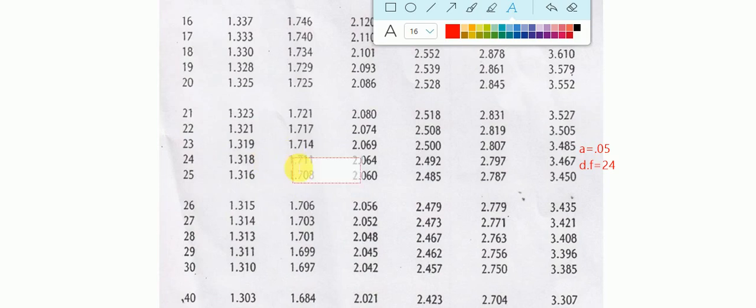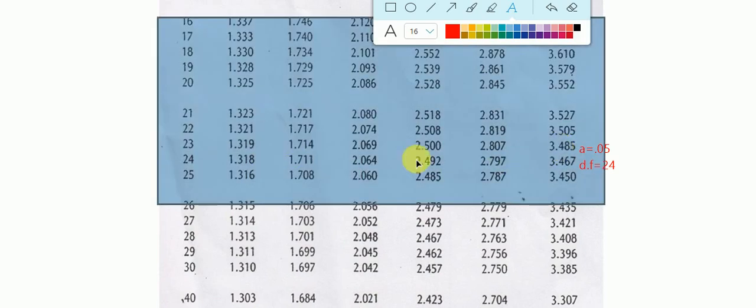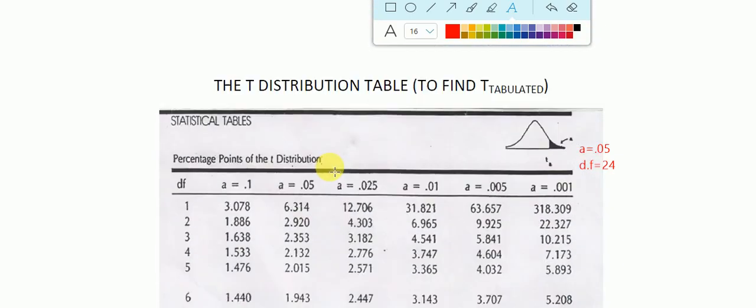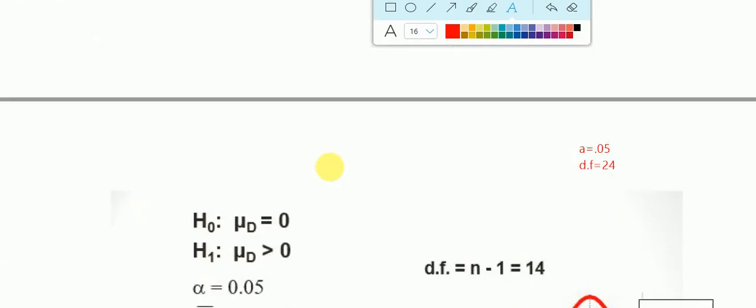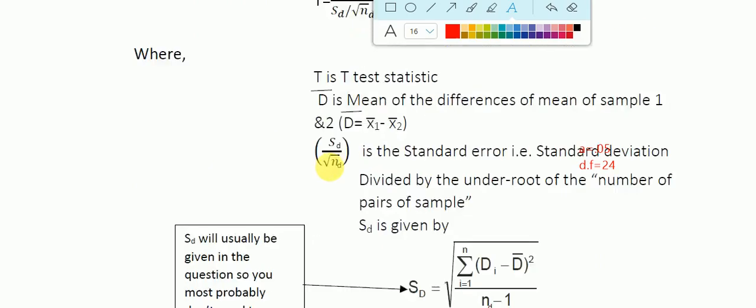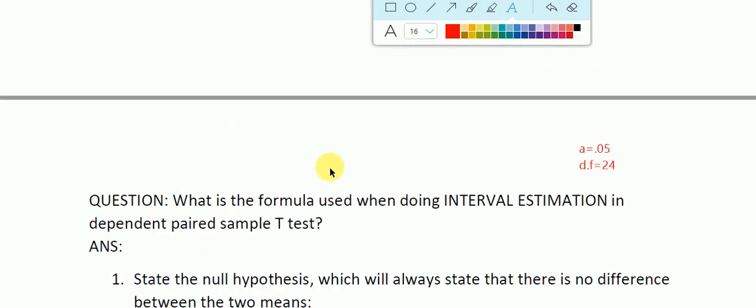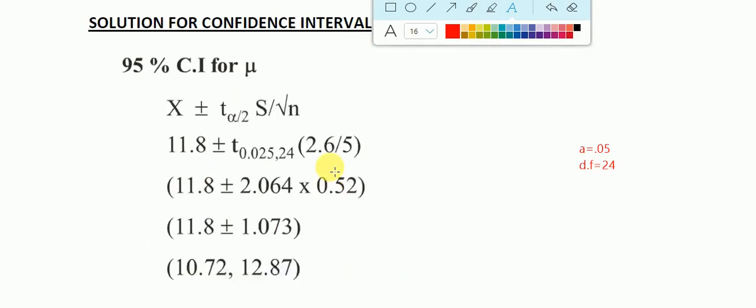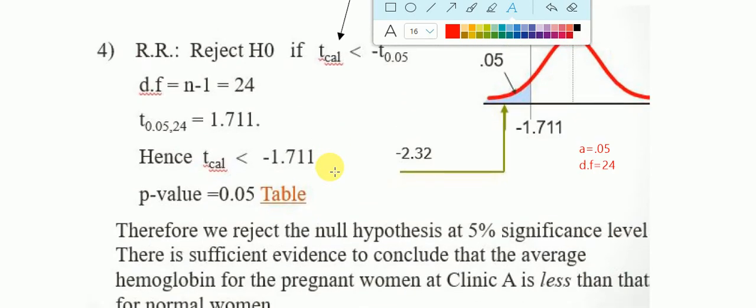So the value of T tabulated is 1.711. Let's go back. 1.711 is the value. Let's see, do we have the same value in the example too? Yes, 1.711, we have the same value.